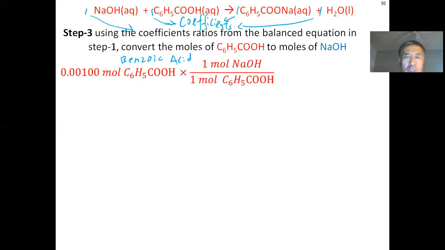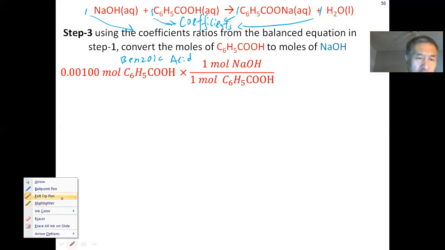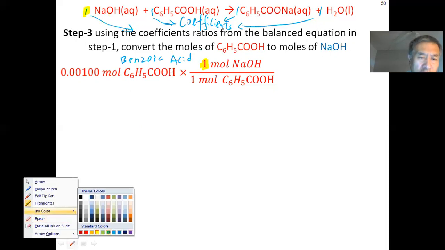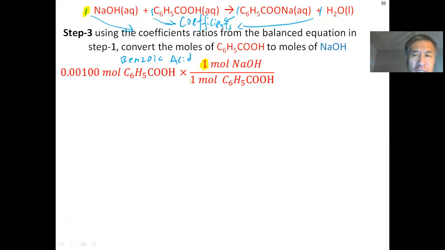We are using this 1:1 ratio to convert. Let's see where the 1 and 1 come from. The 1 for NaOH comes from the coefficient for NaOH, and the 1 for benzoic acid is also the coefficient for benzoic acid.